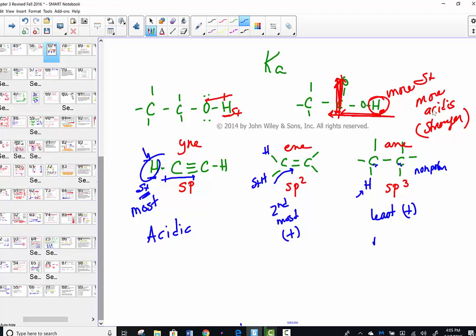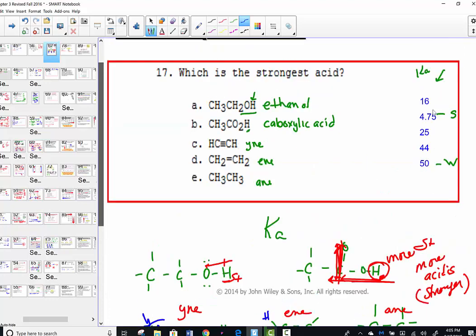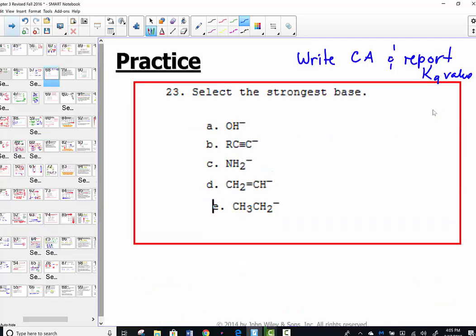The trend shows that an sp triple bond is more acidic than an sp2 double bond, and the least acidic of all is the single bond, sp3 hybridization. So even if we weren't provided a Ka chart, you could talk yourself through the order of those compounds just by thinking about electronegativity differences.